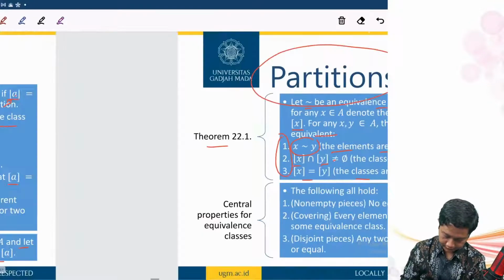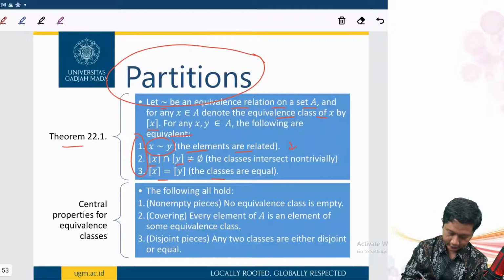How to prove it? It is very easy. When X is related to Y, then what happened? X is in here, right? So X is in here and X is also in this. So it's clear it's not empty.